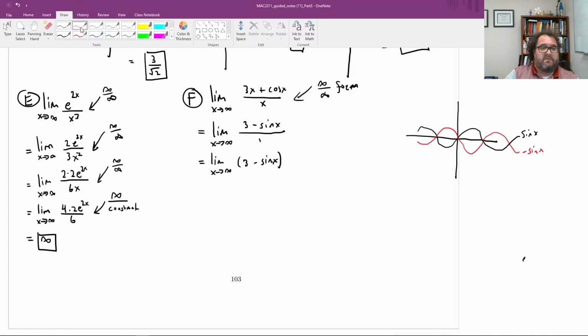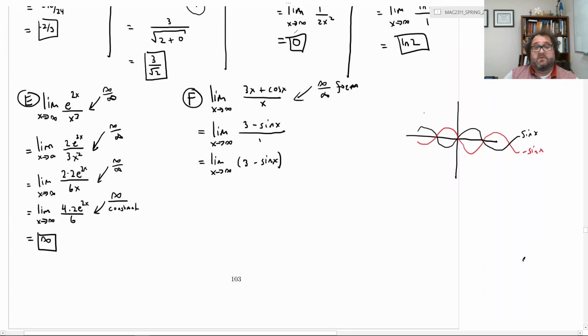So I'll roughly draw that with green. Imagine the red translated up 3 units. Basically, it goes like this. I know that's terrible, and I missed the y-intercept. Anyway, very rough sketch.